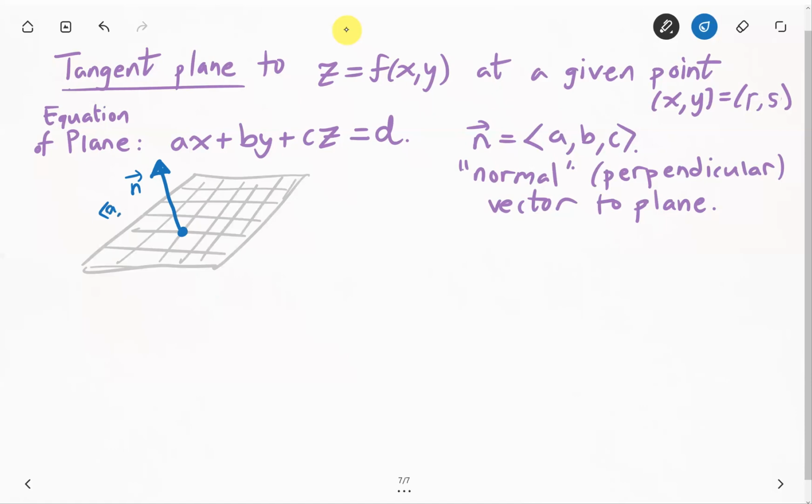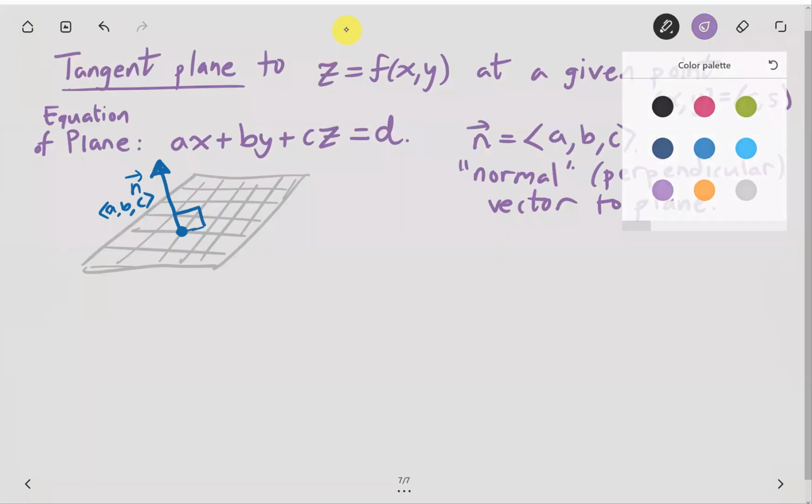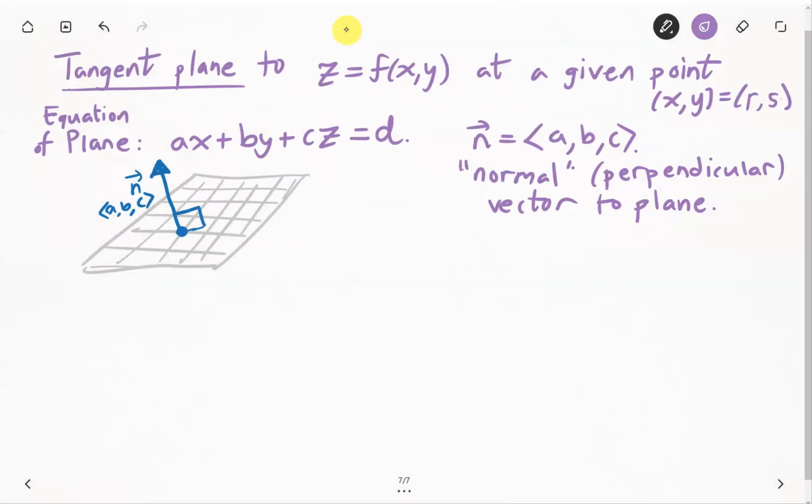It's equal to a comma b comma c. And this vector is perpendicular to the plane. So if you had any other vector in the plane at this point, it's going to be perpendicular to this normal vector. Now to calculate the equation of a plane, well, there's 2 ways to do it.